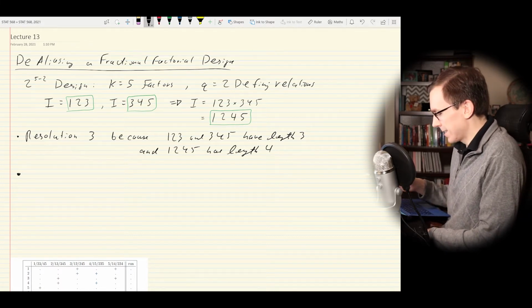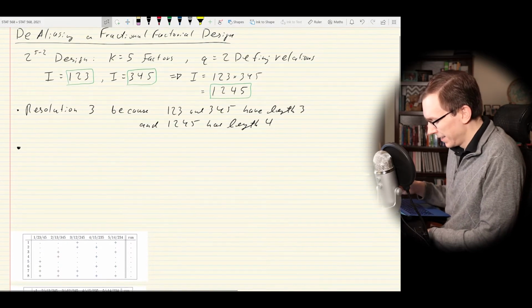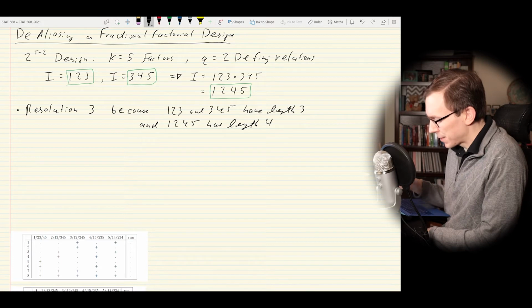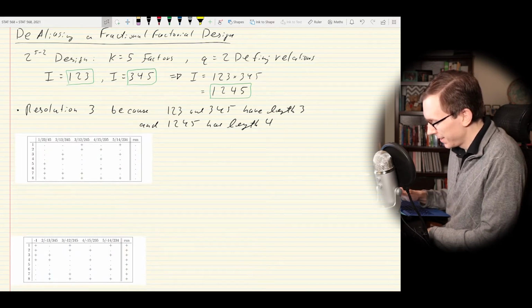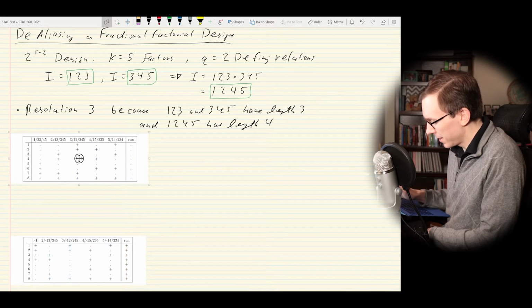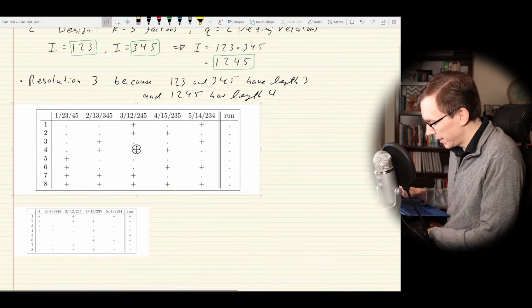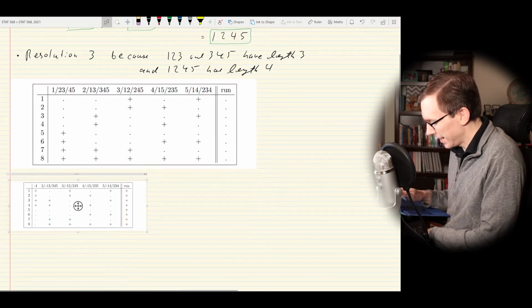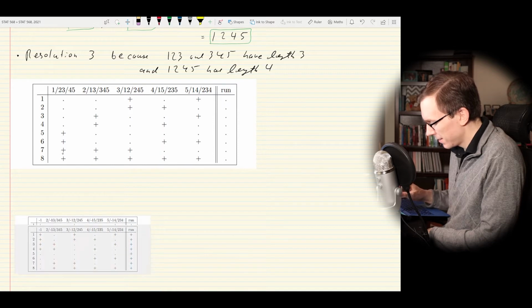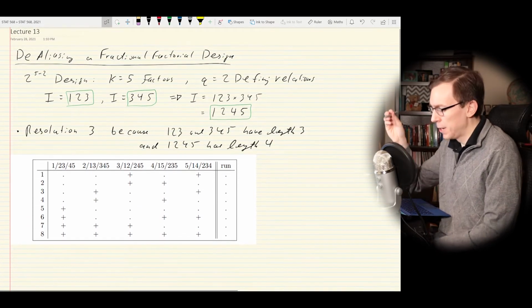So in this design, we can actually look at it down here. Actually, why don't I bring this back up? We'll bring the first one up here. So this is what our design looks like. Make that bigger, and we can get this one away because we're not discussing it yet. Okay, so this is what our design looks like here.